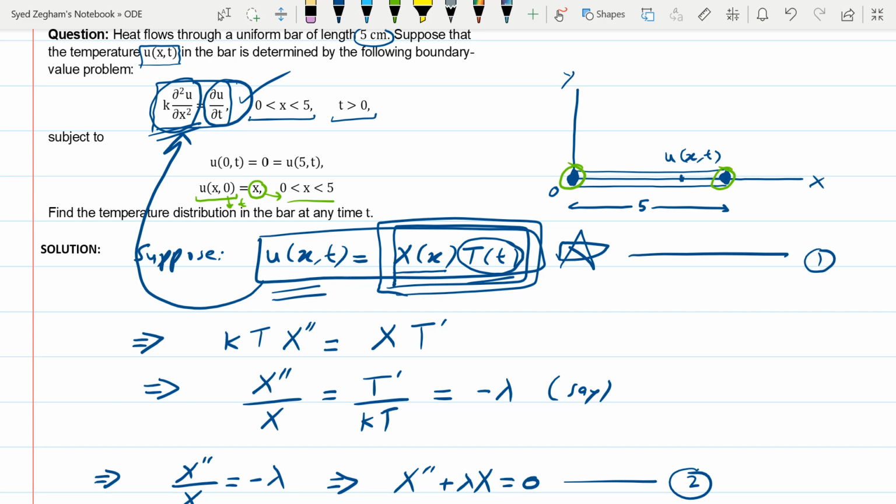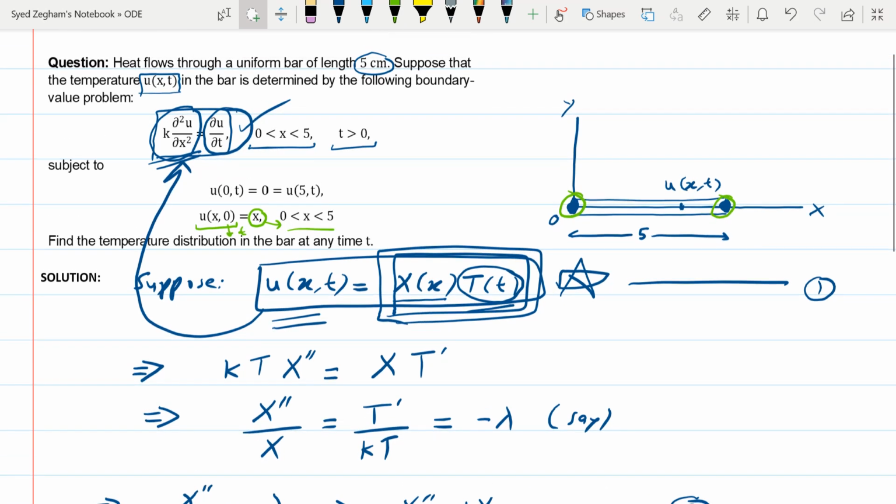Let us see what we get from here. Okay, I am not able to cut it. I don't know why this is happening. Anyway, no problem.